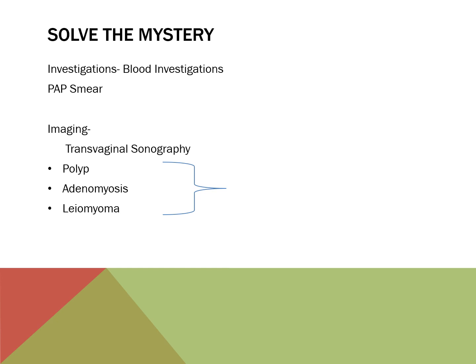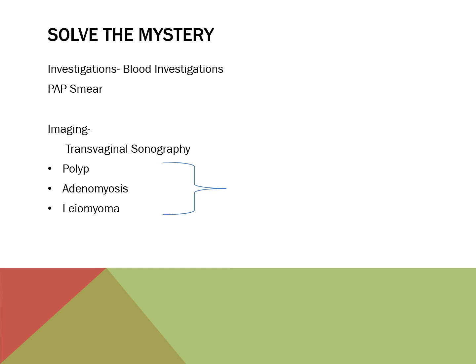Next, obviously, a pap smear is conducted in this patient, or any patient that you are examining in the gynecological OPD, because it is the best time for cervical screening also. Next is imaging. Transvaginal sonography usually rules out a lot of structural causes.